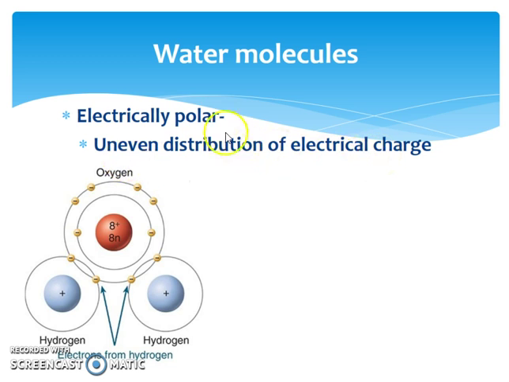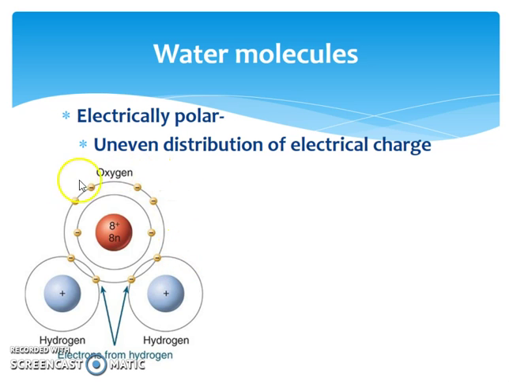If we take a look at the picture down here, this is our water molecule. You can see we've got one oxygen atom and two hydrogen atoms. My hydrogens have a positive charge and my oxygen has a negative charge. If we think about its atomic number, each hydrogen's atomic number is 1, so it's got 1 electron in its outer energy level, where oxygen has 8 electrons in its outer energy level.